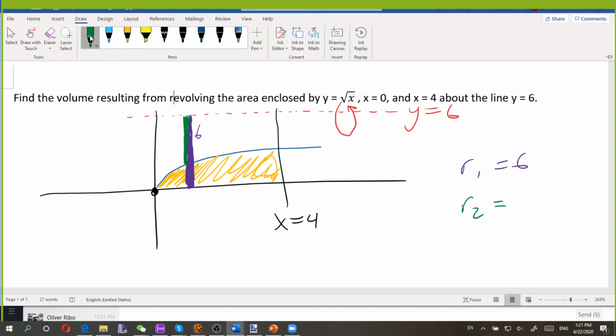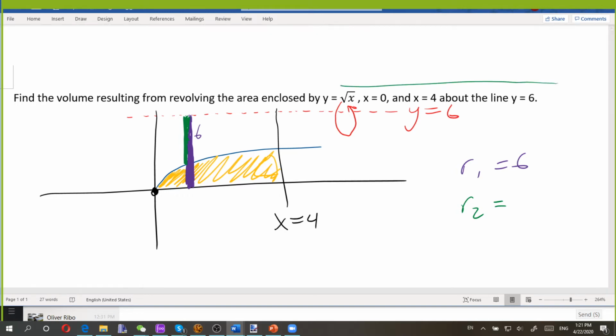Okay, the green distance is not a number this time, but a function. Perfect. 6 minus root x.